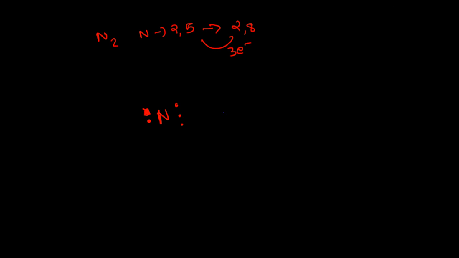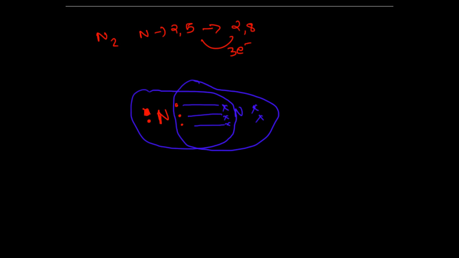And for the next nitrogen atom, 3 electrons are on this side and 2 on this side. Now sharing in the bonding occurs between these 3 electrons, and for this nitrogen the atom is this, and for this nitrogen the atom is this. Hence the bonding in the nitrogen molecule is this.